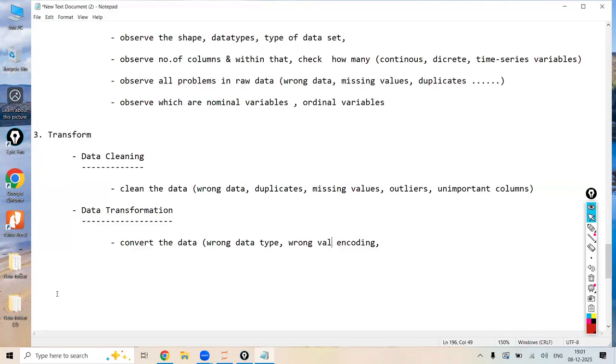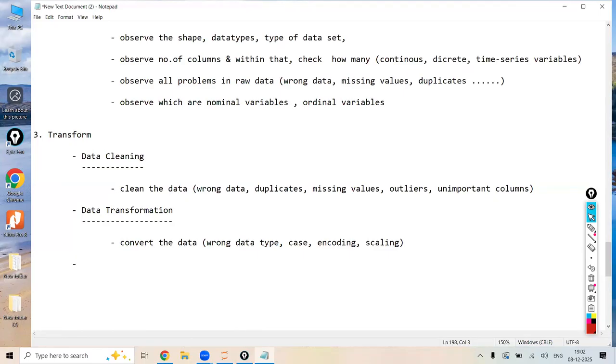Wrong values: yesterday we saw converting to lowercase, string dot lower, string dot upper. If some are in lowercase and some in uppercase, in different cases, that is case conversion. Next, encoding and scaling. These four come under data transformations.